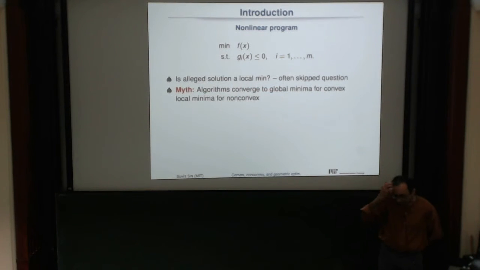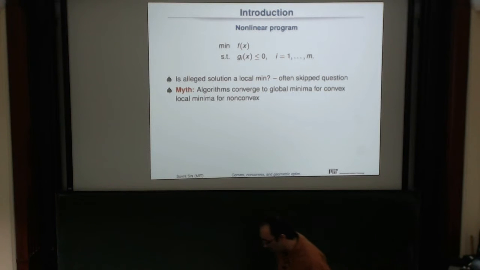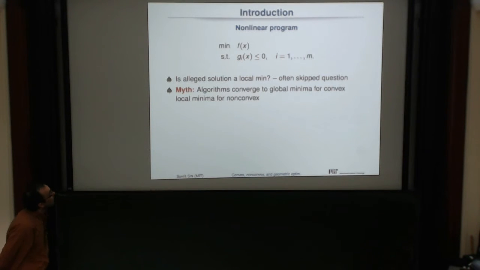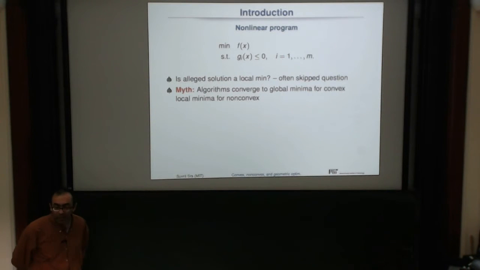And one of the things which even many textbooks skip annoyingly, and people repeatedly use this vocabulary incorrectly, which annoys me all the time, is this: I have a candidate solution, which I say alleged solution, maybe a feasible point here, maybe.